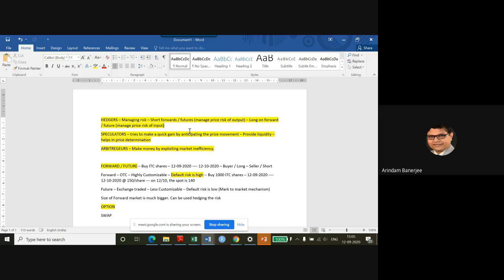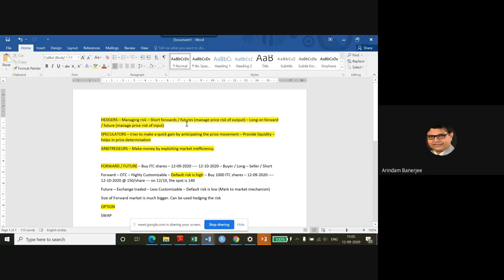So these specifications they can decide over the counter, across the table. When it is done across the table, it is called forwards. But when it happens through an exchange, it is futures.